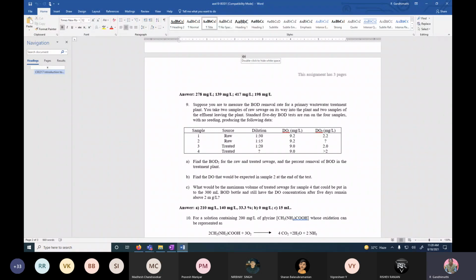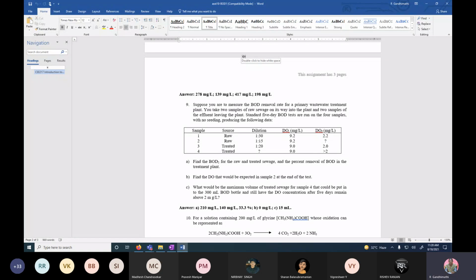Standard 5-day BOD tests are run on the 4 samples with no seed, producing the following data.